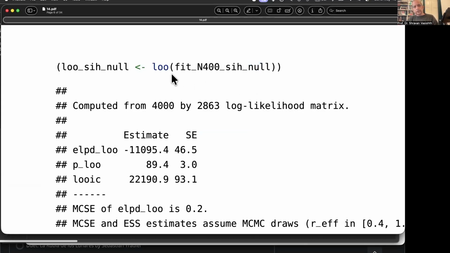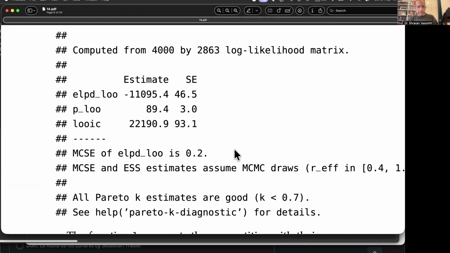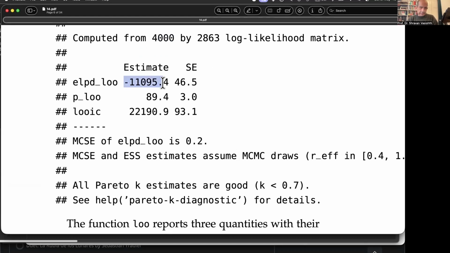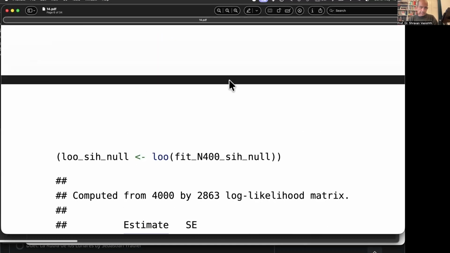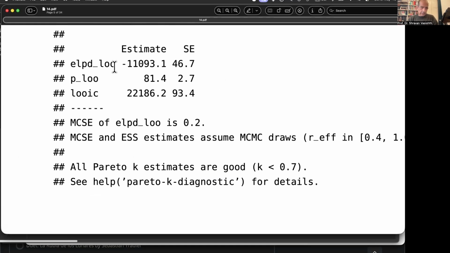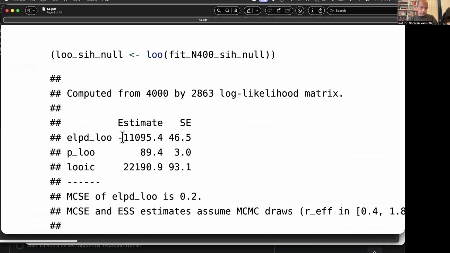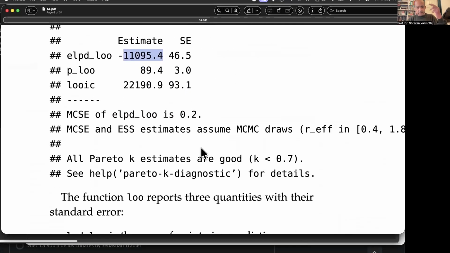So we compute the ELPD-LOO for the null model as well. Then we want to compare this estimate, along with the standard error, with the other estimate. What's the difference between the full model's ELPD-LOO and the null model's ELPD-LOO? Higher values are better, right?